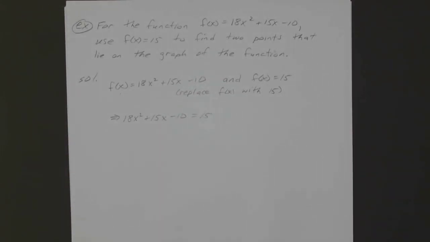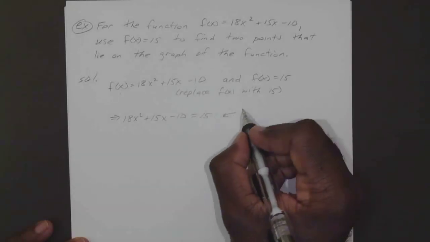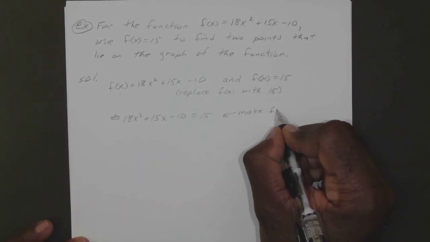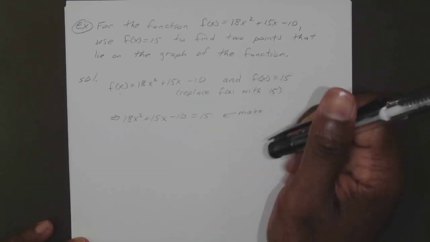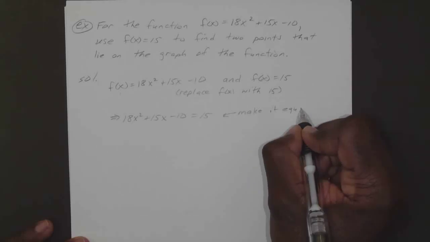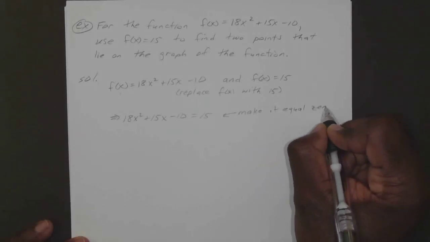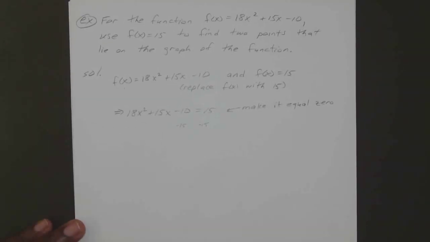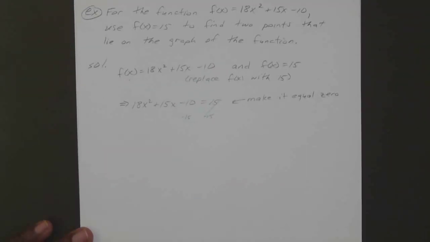All right. So from there, you just remember you want it to equal 0, so you can start your factoring. So you want to make it equal 0. So you subtract 15 from both sides, which that just disappears.